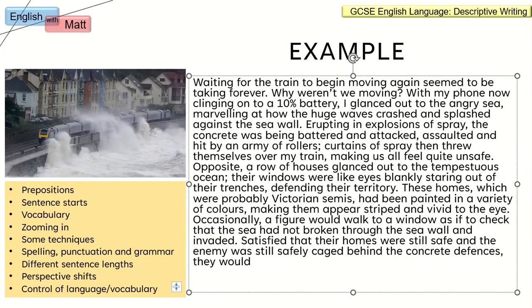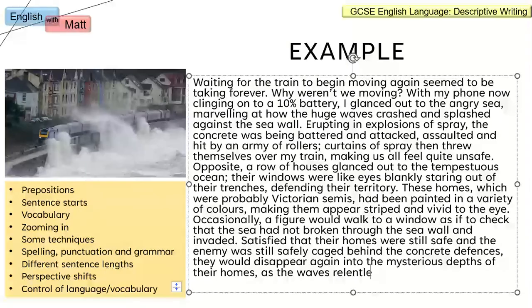They would disappear again into the mysterious depths of their homes as the waves relentlessly rolled in. Okay, so another example there of a piece of descriptive writing, a micro piece of descriptive writing.